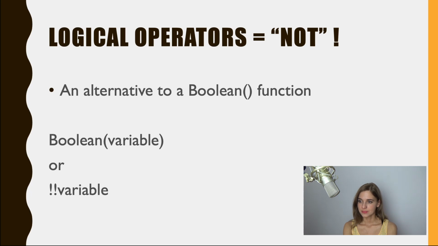And we also have an alternative to a Boolean function. So instead of placing Boolean and then parentheses, and inside the parentheses the thing that we want to check whether it's true or false, we could put 2 exclamation marks, and that would also give us the same result.